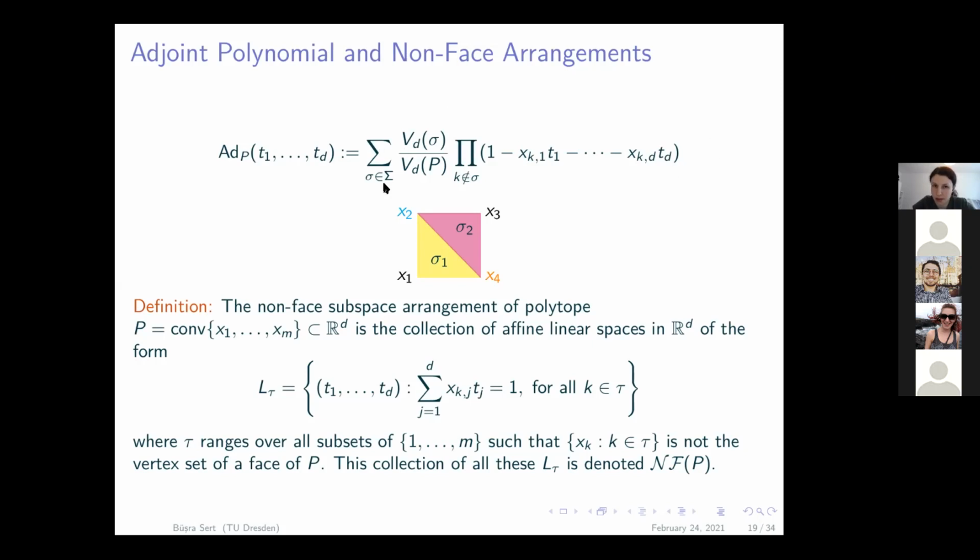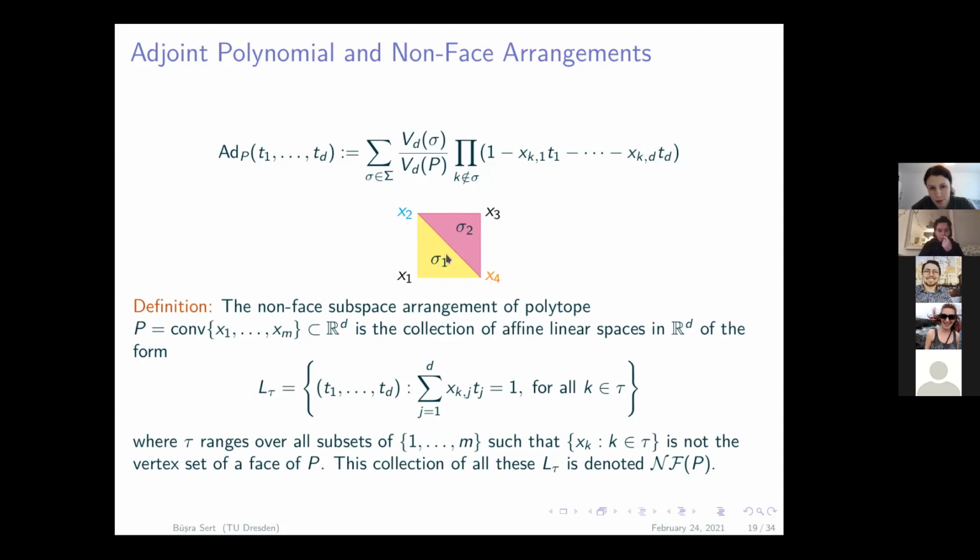It's defined as the numerator of this generating function when it's written over a common denominator. So here again, it goes over the triangulations. For example, when we consider this square here, we fix this triangulation consisting of sigma 1 and sigma 2, then we take the sum over those, and we have these linear forms.